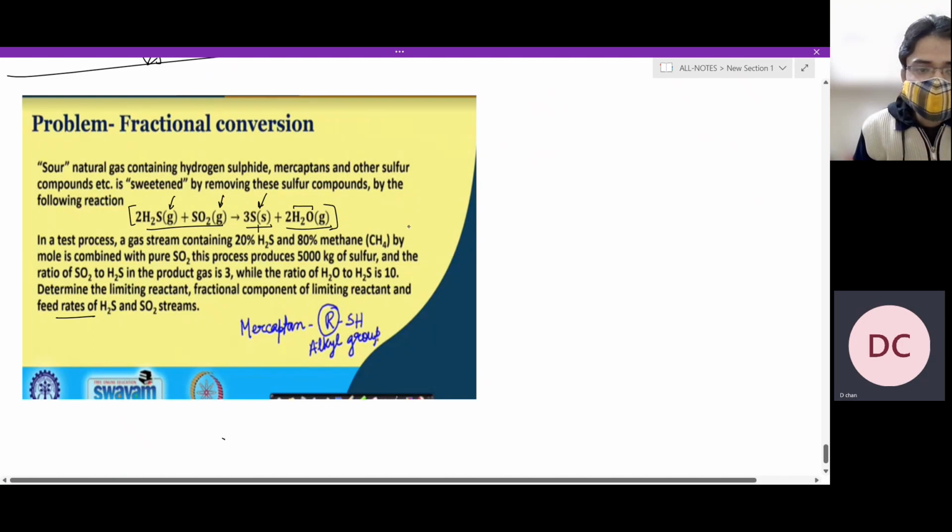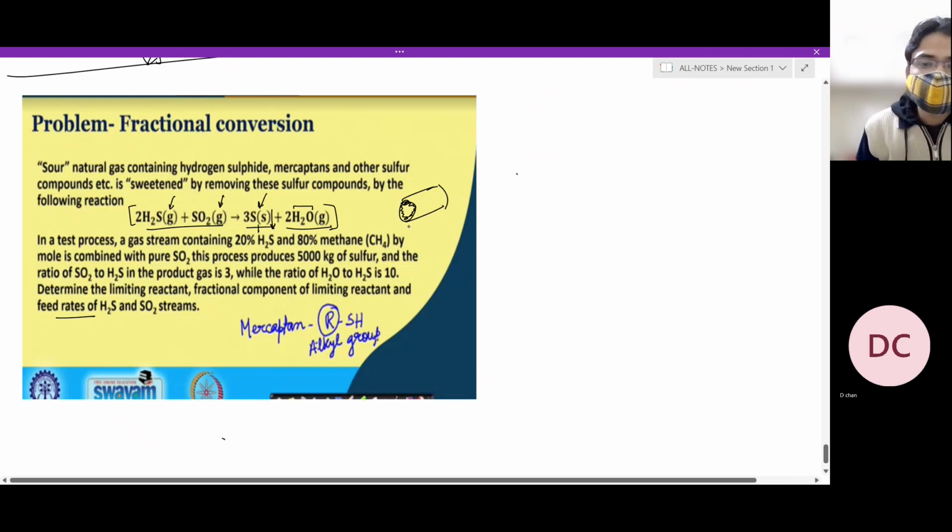Since this is solid, it will precipitate down somewhere, or maybe not down, it might just get stuck on the walls of your reactor chamber. That is also important to understand how the reaction is happening.